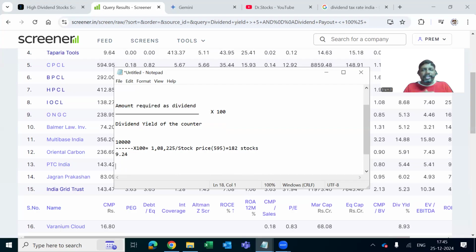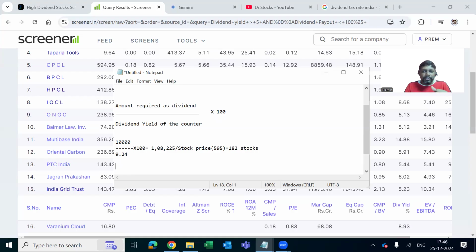Okay. So moving on to the tax on the dividend. Only 5,000 rupees is free of tax if you are a salaried employee in India. Anything more than 5,000 that you earn through dividend will be taxed as per your tax slab.